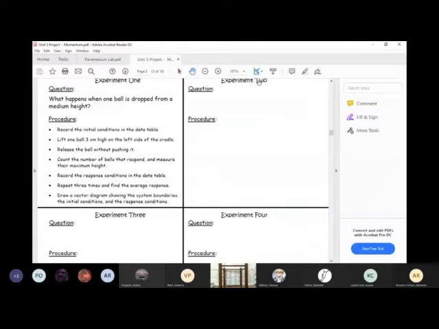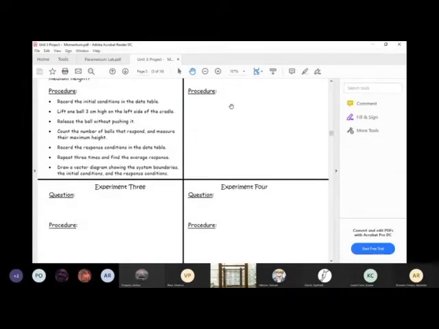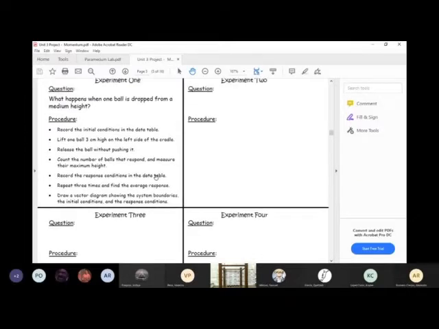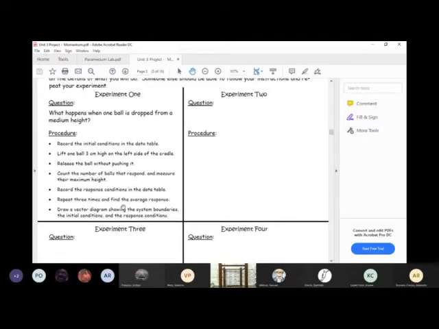So whatever your first question was is going to be experiment 2. And that might be different for you than it is for somebody else. Whatever your next question was, that's experiment 3. And whatever your final question was, that's experiment 4. Because experiment 1, everybody is going to be the same. It's going to be mine right here.